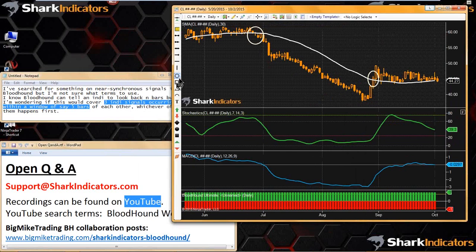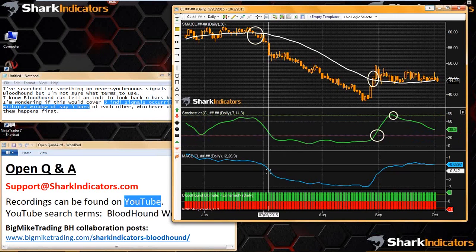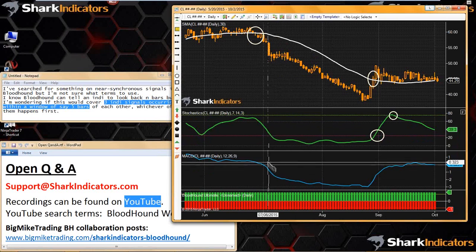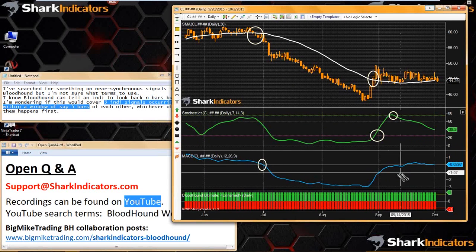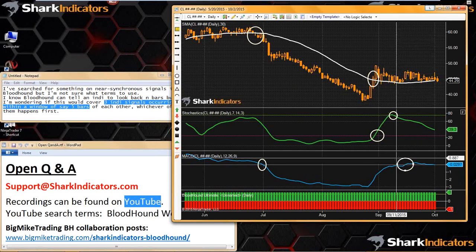Okay, so the next condition is we're looking for our stochastics to cross up above this 25 level or cross down below the 75 level. And the last condition is we're looking for the MACD to cross that 0 line.